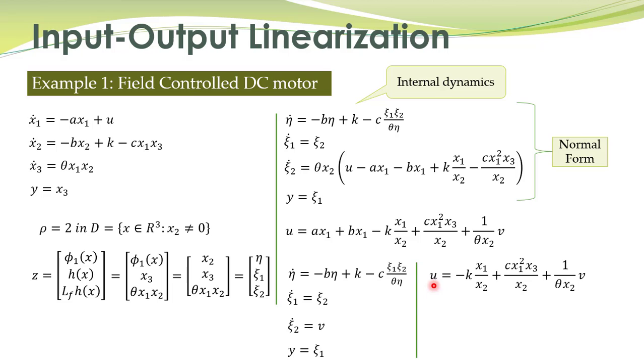So over here this is u, which is different from this one. What is the advantage of this new u? You see that some of the nonlinear terms have not been cancelled. For example, which term have we not cancelled? This term x1 multiplied by x2 and this term x1 multiplied by x2. Why have we not cancelled these two terms?